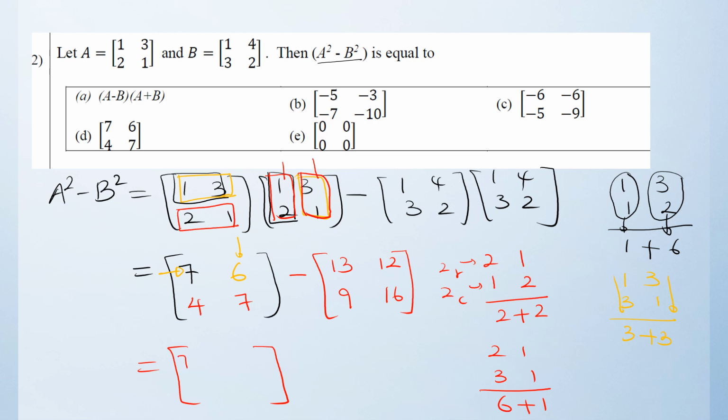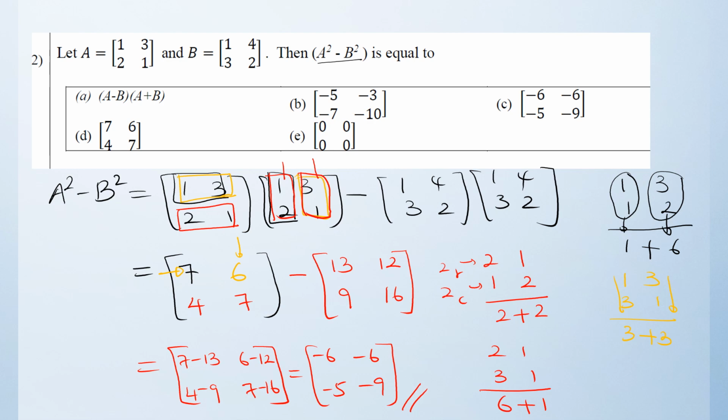So here we have 7 minus 13 and here we have 6 minus 12, here we have 4 minus 9 and finally 7 minus 16. So the final answer is minus 6, minus 6, minus 5 and minus 9.